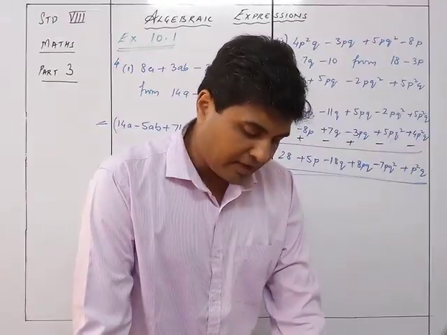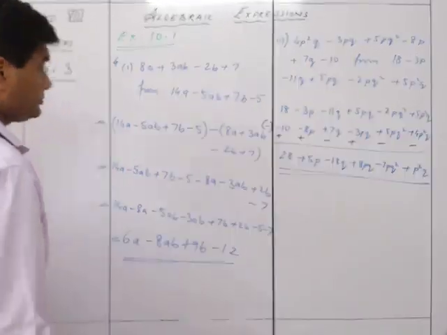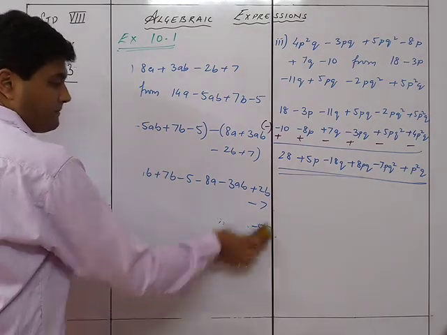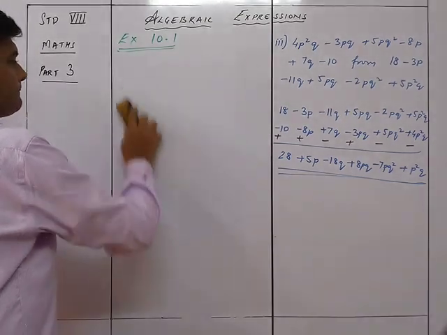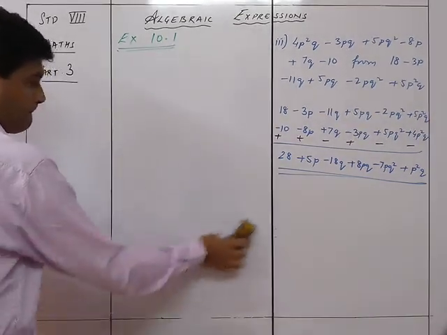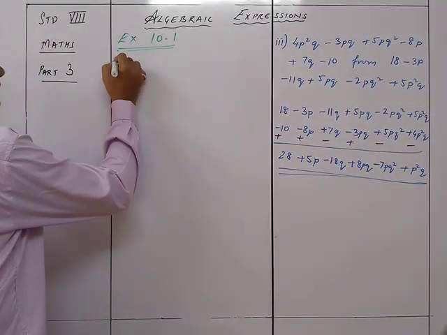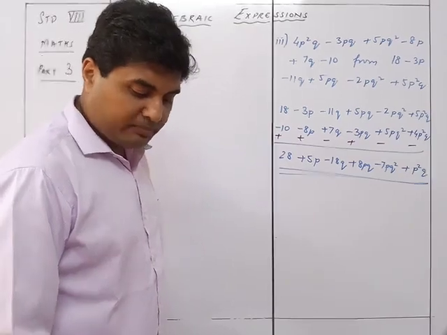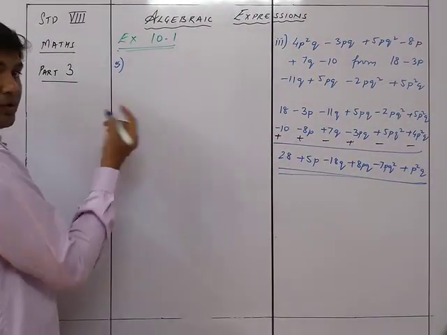We now move on to sum number 5. Subtract the sum of this and this from this. So first of all, sum of means you are going to add this up.